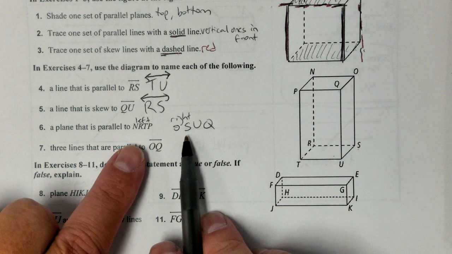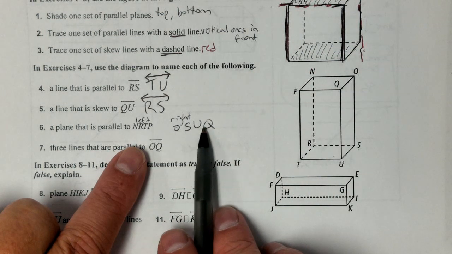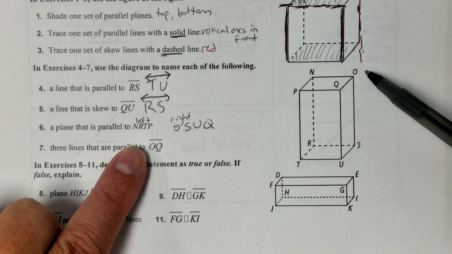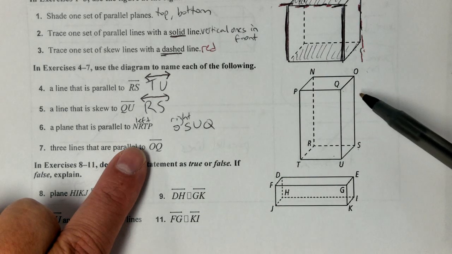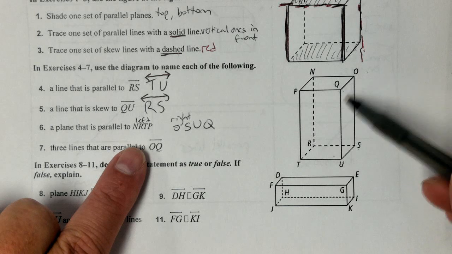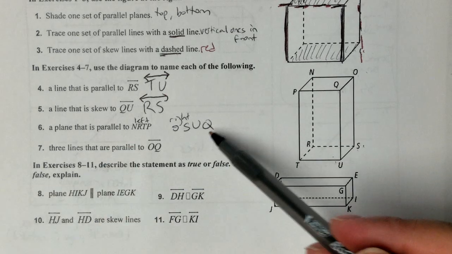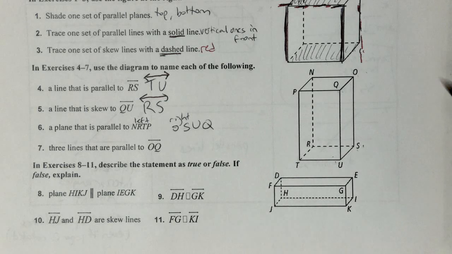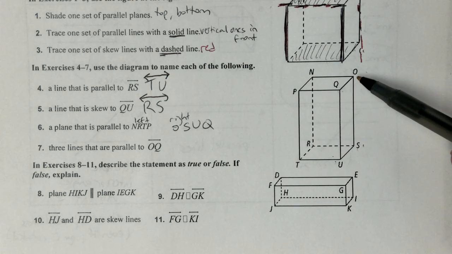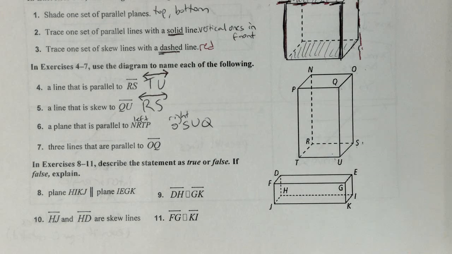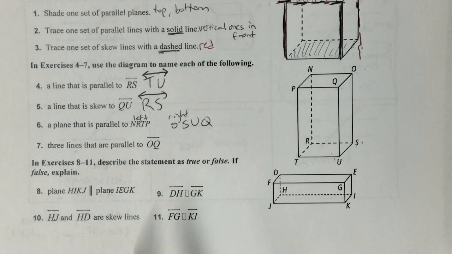Remember on these, you could start with any of these 4 letters. You could have said SUQO or anything like that, or gone the other direction, OQUS. So there's so many different combinations, but again, normally we talk about it clockwise, and so that was my way of saying it. And when we're talking about a plane, we don't put any extra symbols on top.